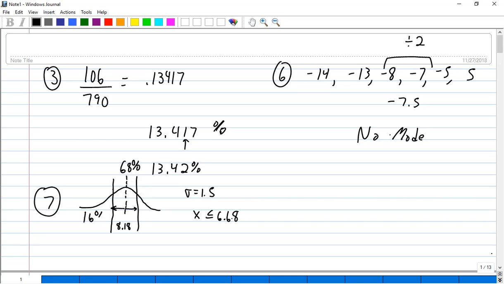We're going to have 16% here and 16% here. 16 plus 68 plus 16 adds up to 100%. Now, we wanted to know what percentage of American women have shoe sizes that are no more than 6.68, so that would be less than one standard deviation. So it's whatever this percentage is, which is 16%. That's your answer for number 7.